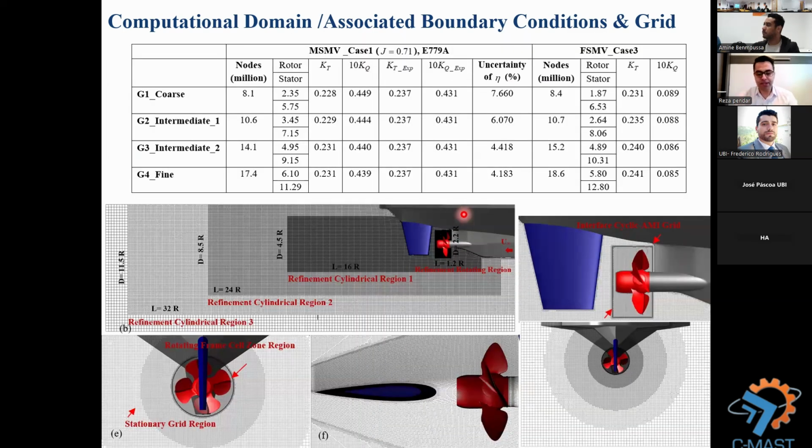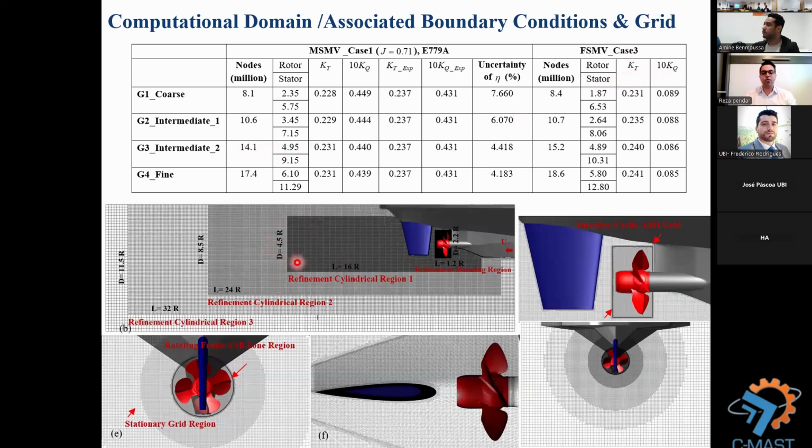Another parameter in numerical modeling is the mesh. For mesh independence analysis, we consider two parameters, thrust and torque.